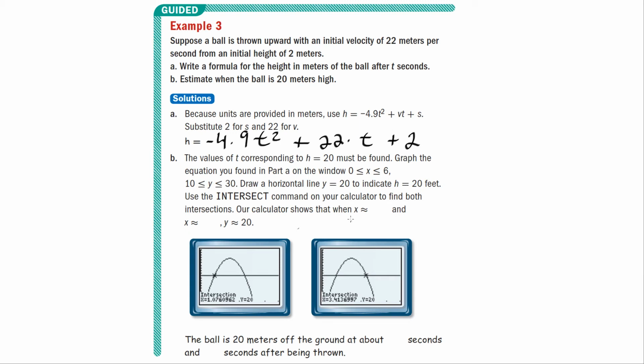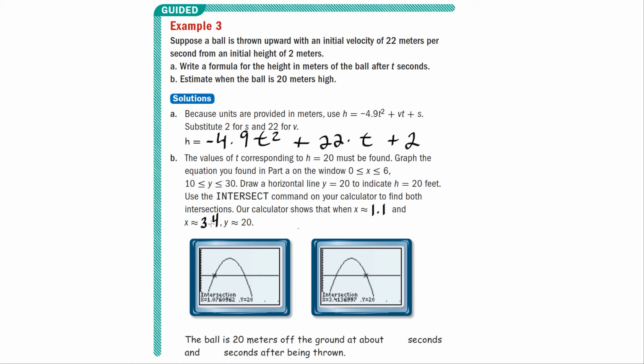One was 1.08, so we'll call that just 1.1, and the other one approximately 3.4. So we now have the information we need.